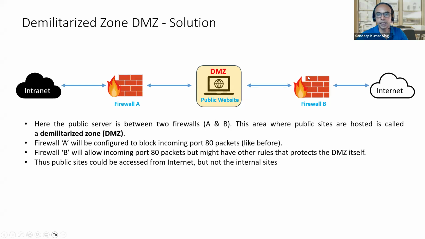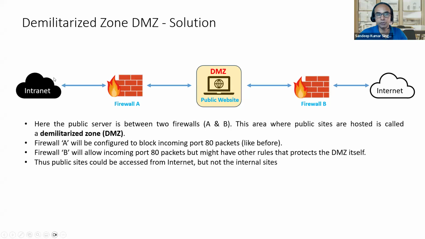As you can see, the public website is in a DMZ, and it is between two firewalls, firewall A and firewall B. Firewall B will cater to the traffic that is going to the public website, right? Firewall A will ensure that any internet traffic that is reaching the internal network gets blocked. So any access from the internet will get honored here for the public website.